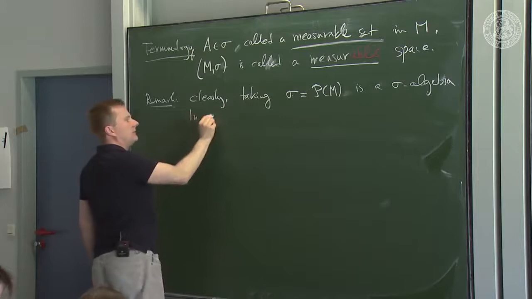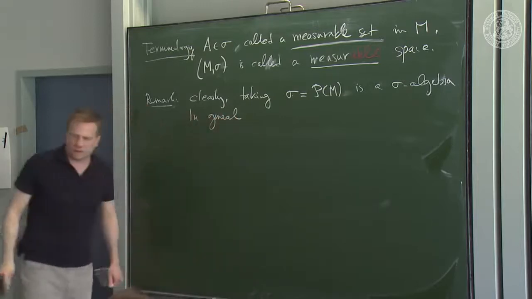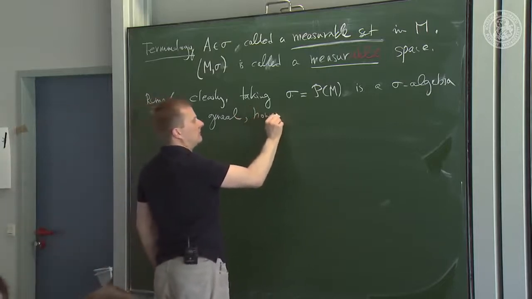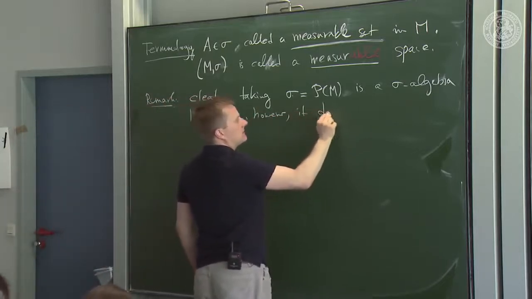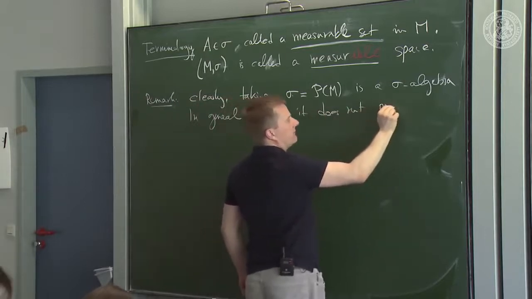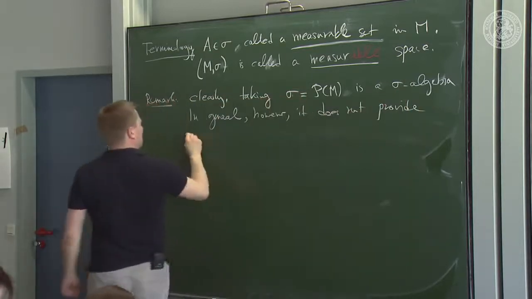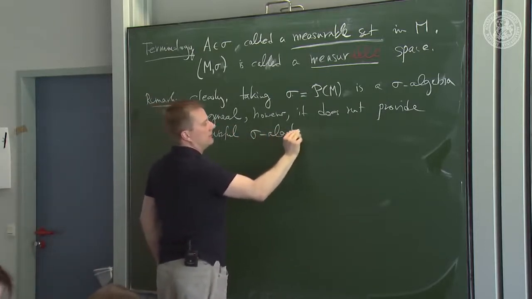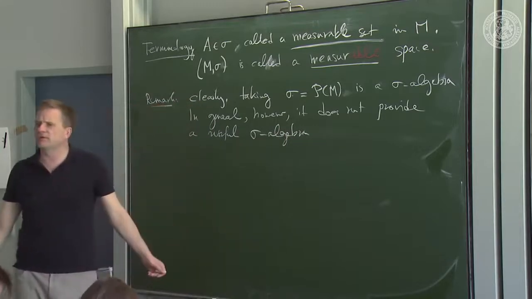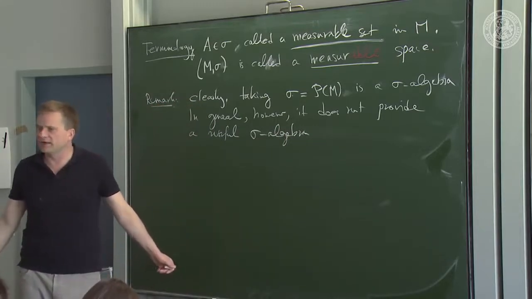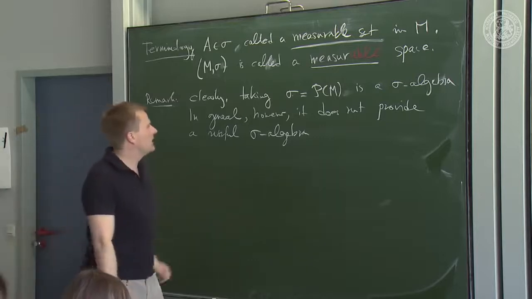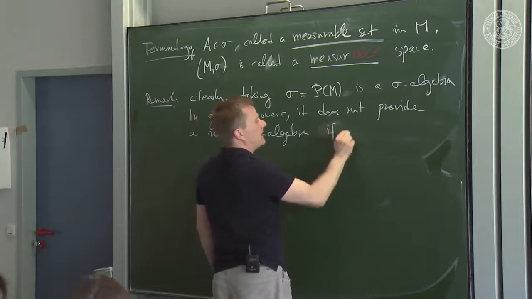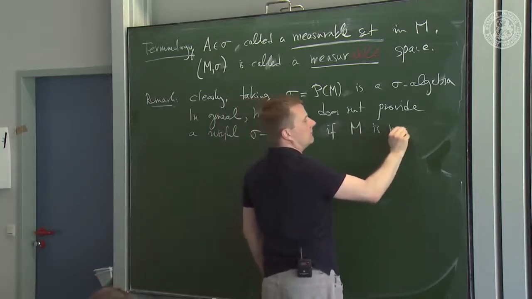In general, however, and that's a remark you're going to expand on the problem sheet, it does not provide a useful sigma algebra, a little like the discrete topology doesn't provide a useful topology, right? It is one, but it's not particularly useful, a useful sigma algebra if M is non-countable.